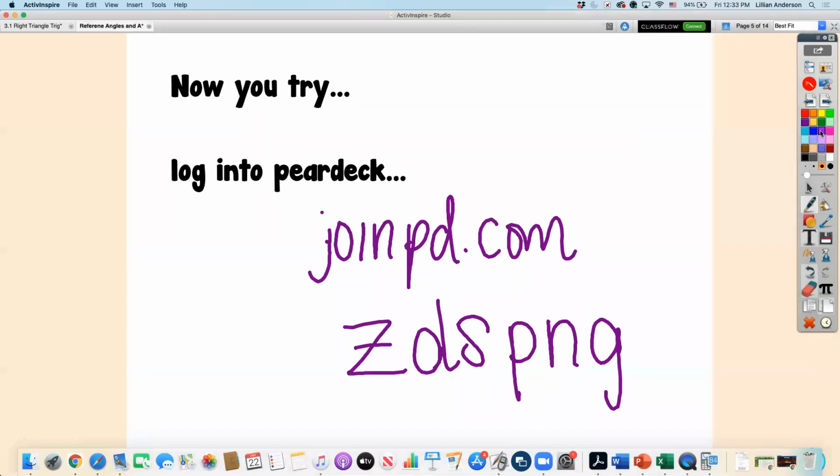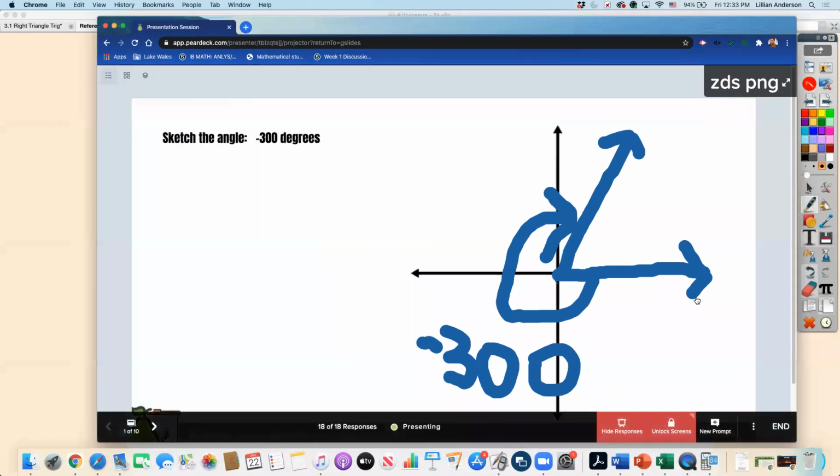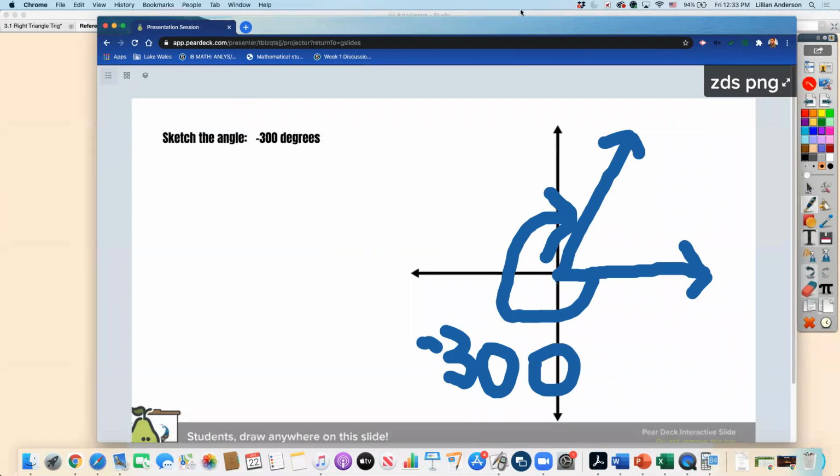Now, there was a question that was brought up about what if the angle actually lies on the terminal side or on the initial side. That can very well happen.